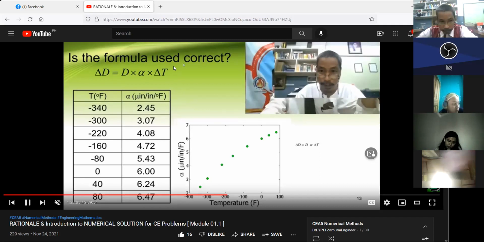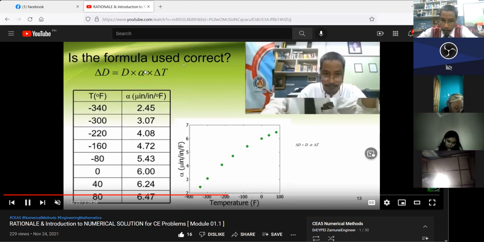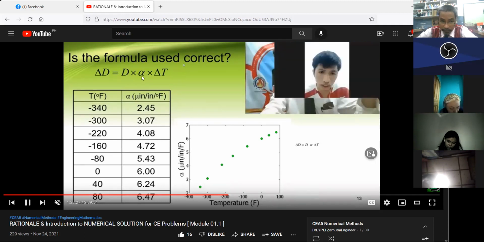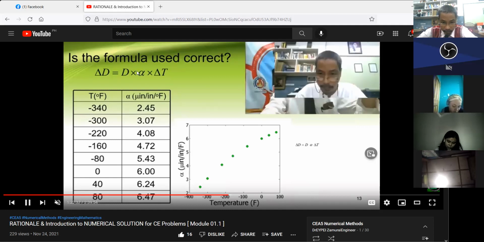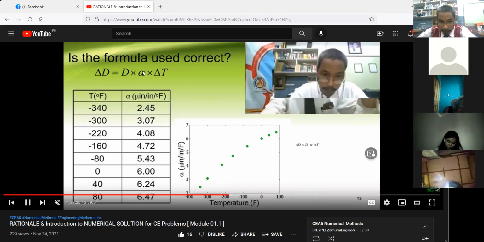Some engineers do not even think about the alpha. What is alpha? It is a physical characteristic, the coefficient of thermal expansion.